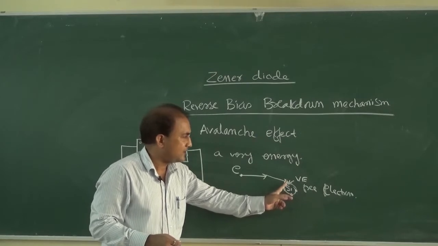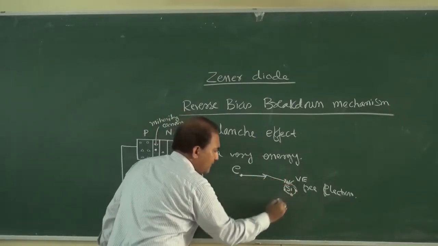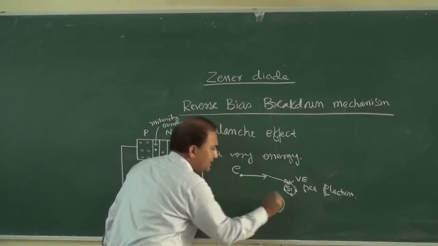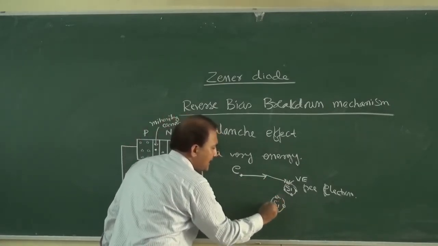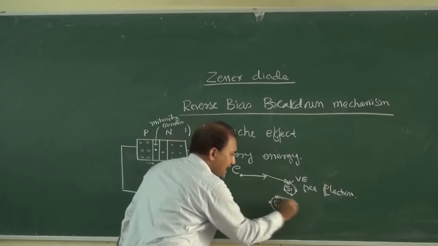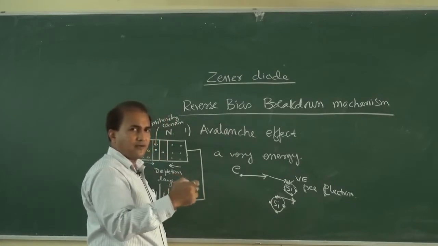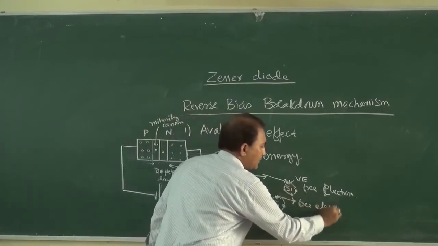Again, this free electron will collide with another semiconductor atom and release another valence electron, making it a free electron.